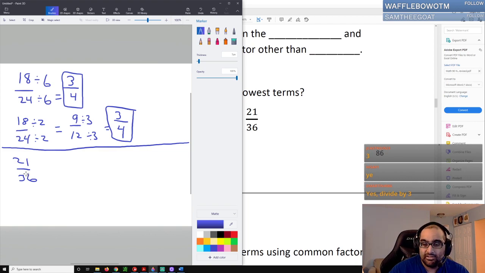The answer is yes, and divide by 3. That is correct. Now, if you're not sure that 3 is your answer there, take a look at your times table, and you'll see that 3 is indeed a number in common between 21 and 36.